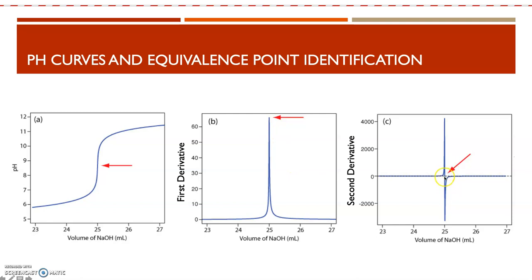So right here we get a maximum value in the first derivative. That's going to be a crossing of 0 in the second derivative. And this point is a lot easier to pick out in actual experimental data than the first derivative. So we're going to have you looking at this curve and also the first derivative and also the second derivative.